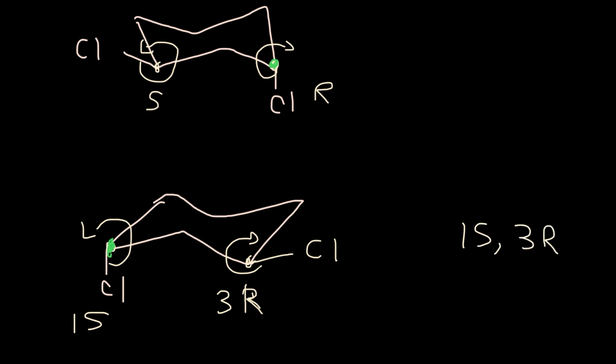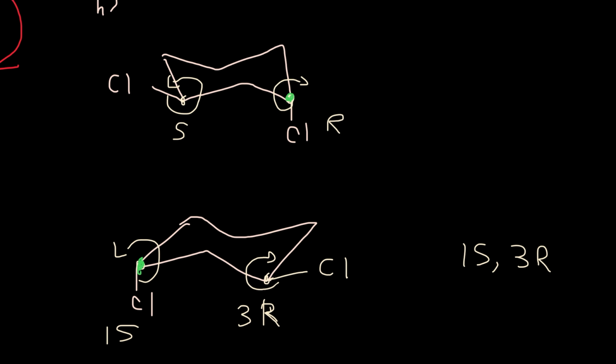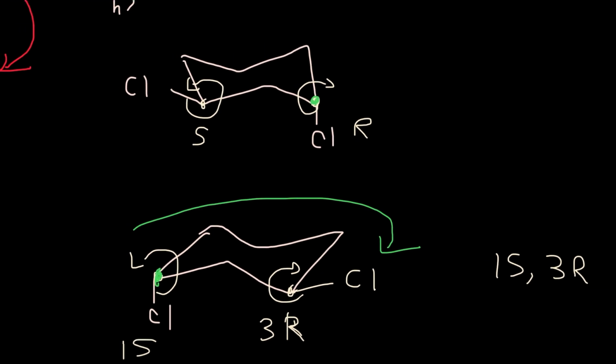Now on the top, we want to know if carbon 1 still has an S configuration. So we have to do our ring flip. If we go from the bottom to the top, everything's going to go clockwise. So let's do this. This is our carbon 1. Let's see where it will end up.